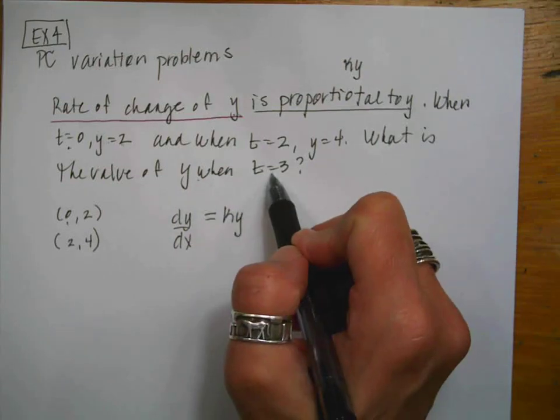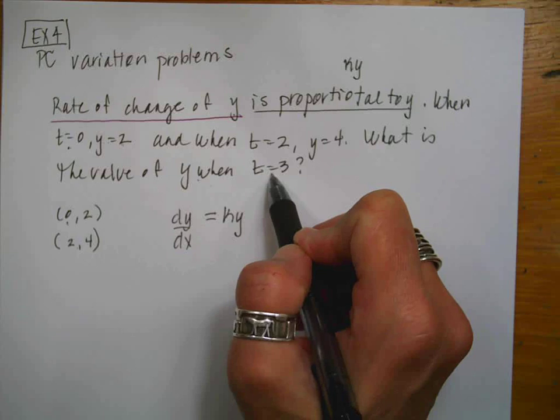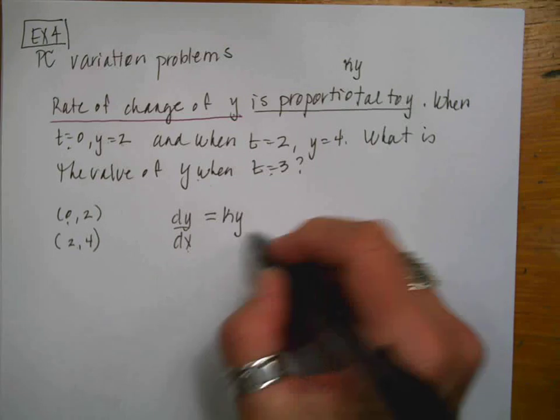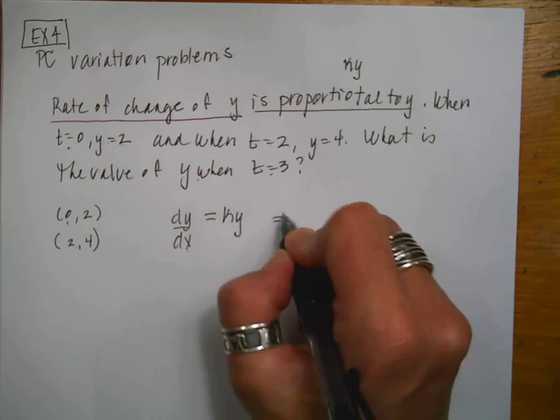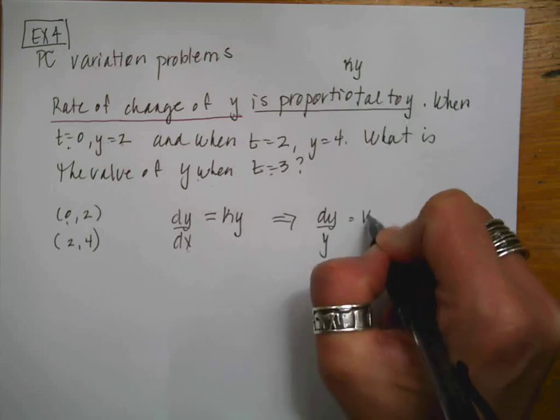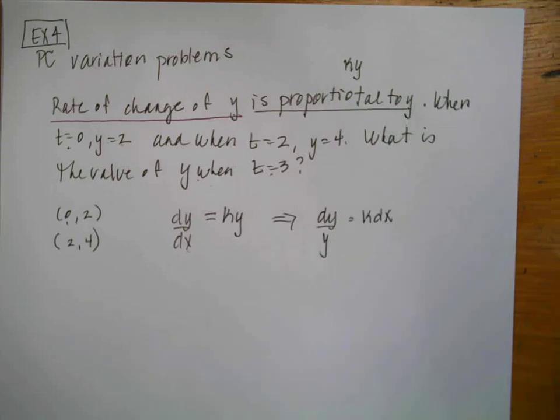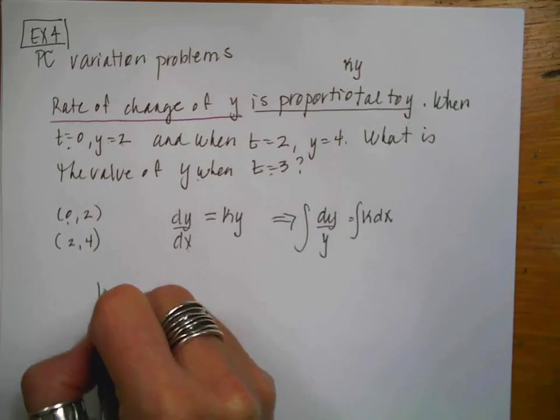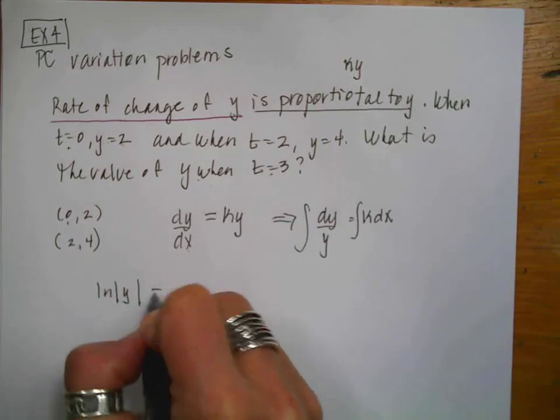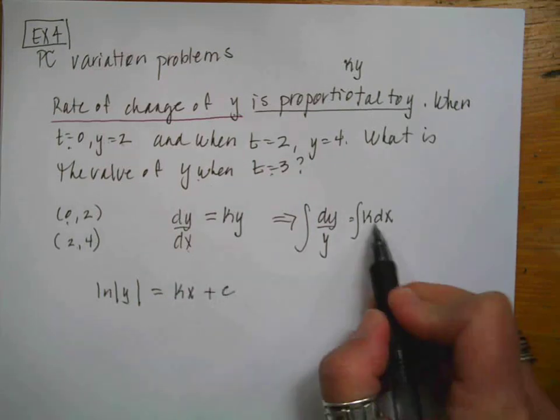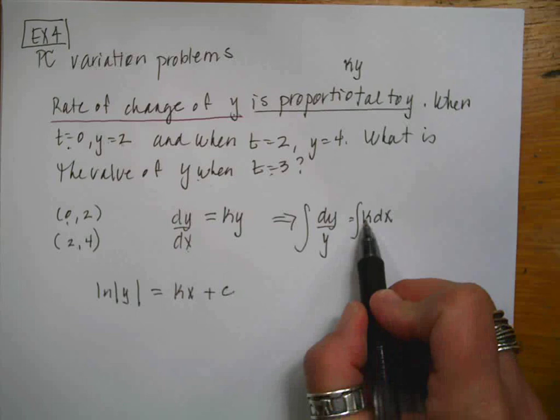So if I'm going to find the value of y when t is 3, I need to have a model for y. Well, if I need to have a model for y, that means I need to solve the differential equation. Okay, so I'm going to separate my variables, and I'm going to get dy divided by y is equal to k dx, and then I'm going to integrate both sides, and so I'm going to get the natural log absolute value of y is kx plus c.